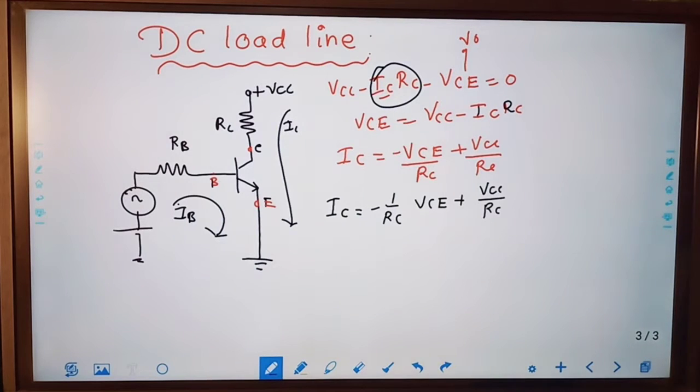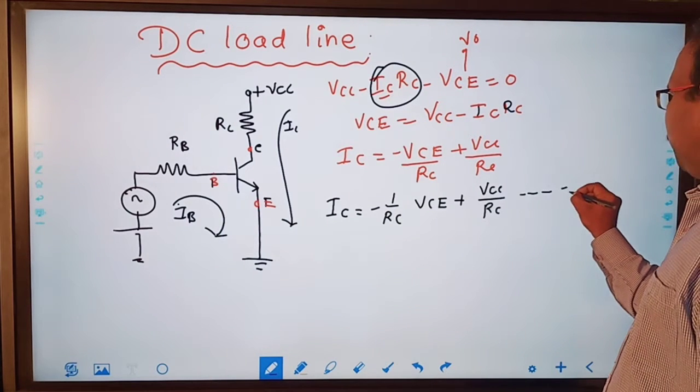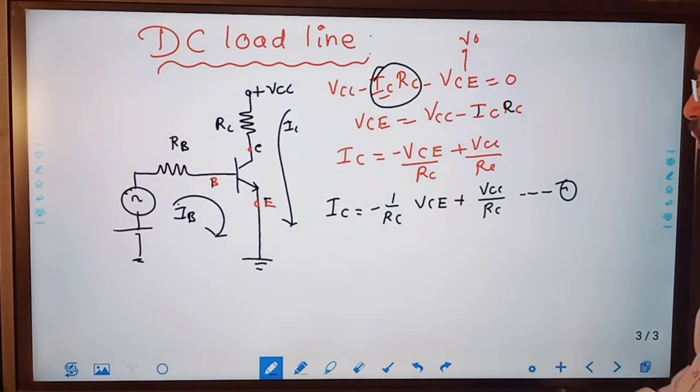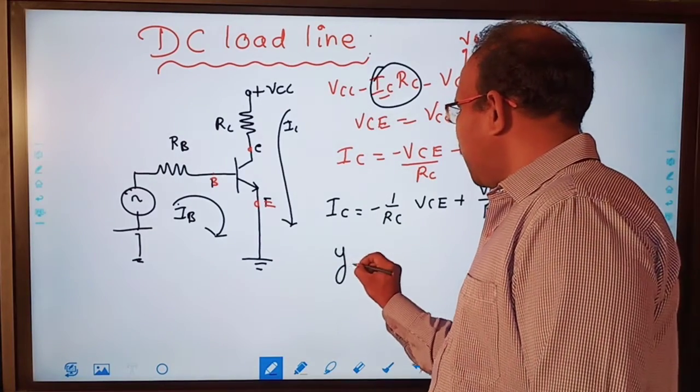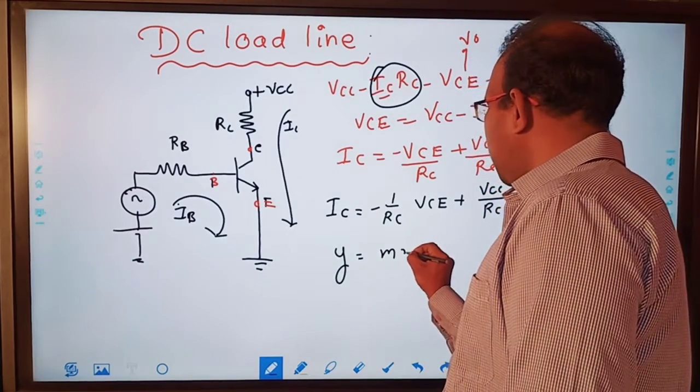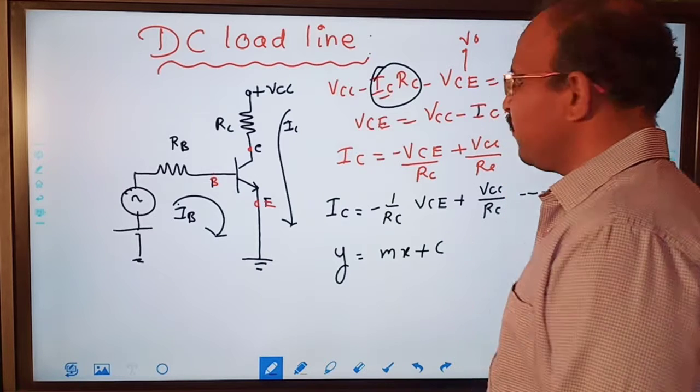If I write this as equation 1, I can express it as y equals mx plus c.